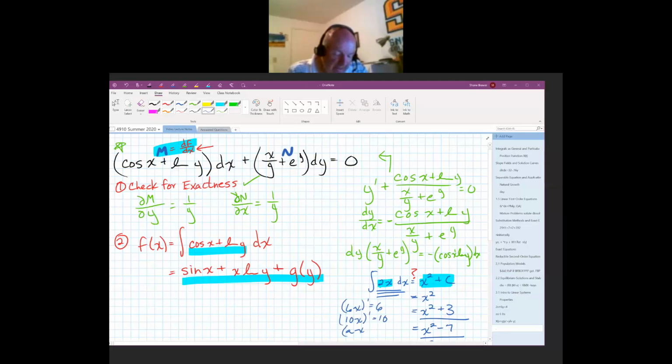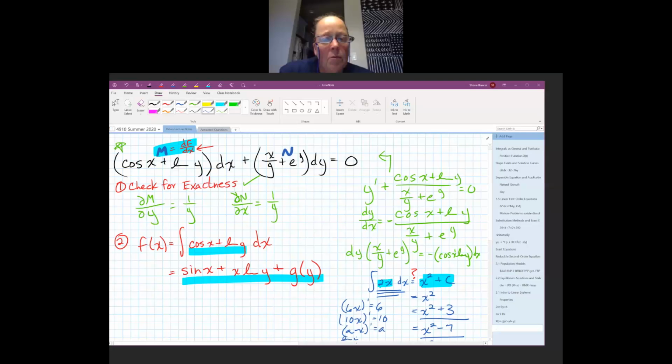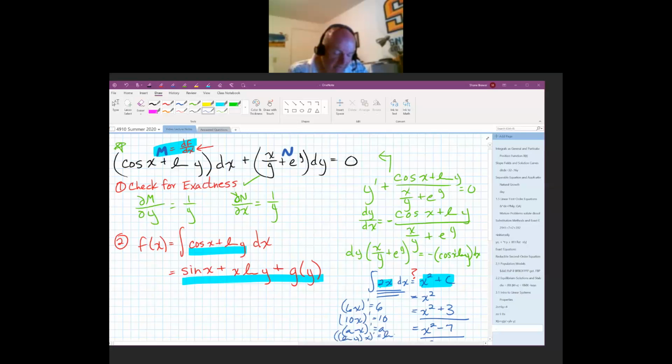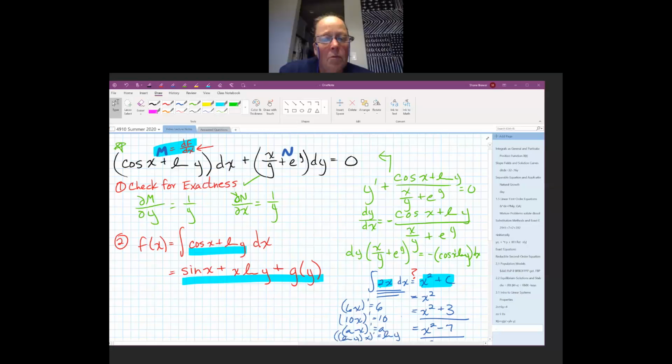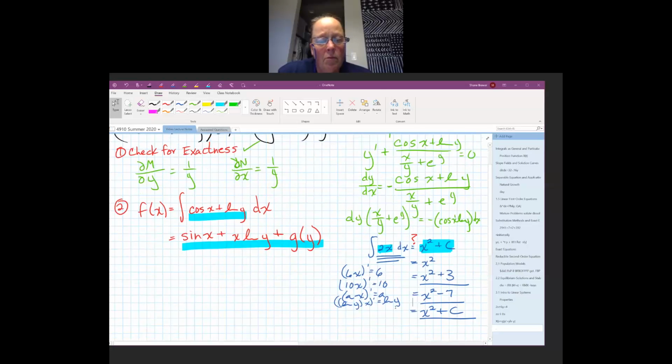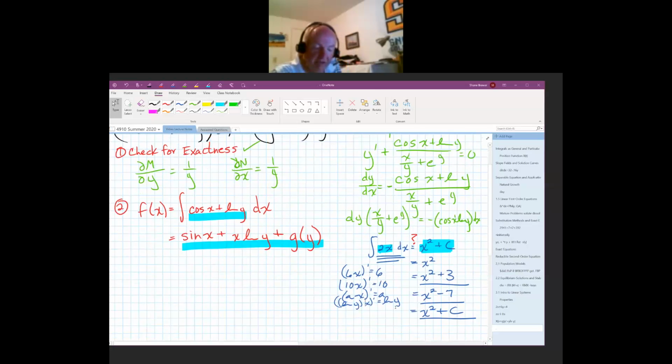So the derivative of ax is a. The derivative of ln of y times x is ln of y. But see, ln of y is just a constant when we're differentiating with respect to x, right? Okay. So now, what's the derivative?